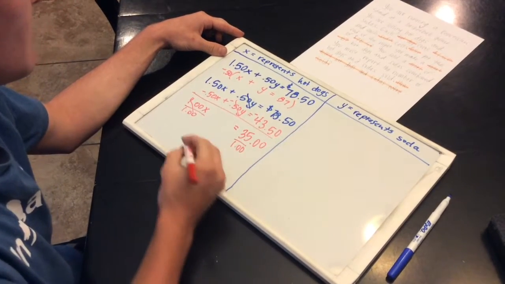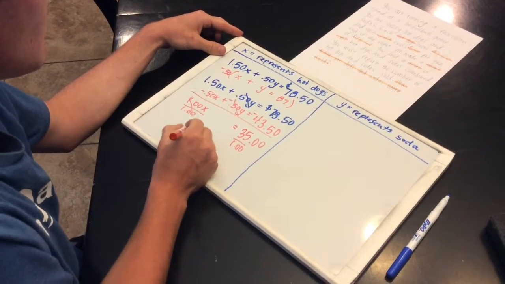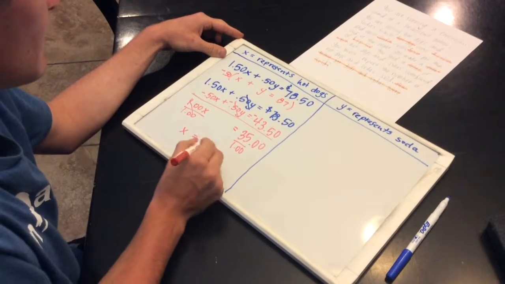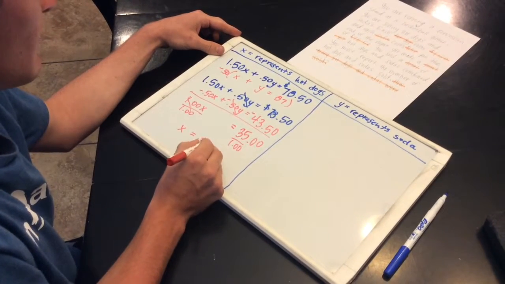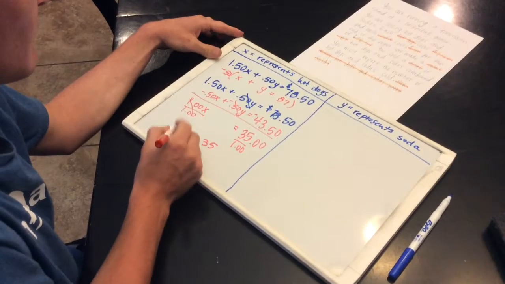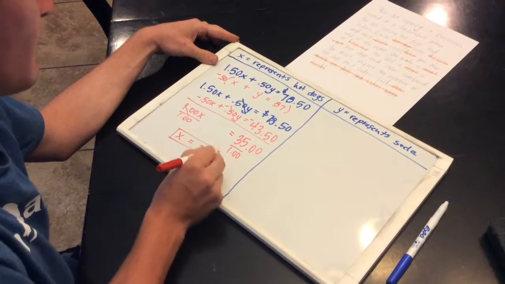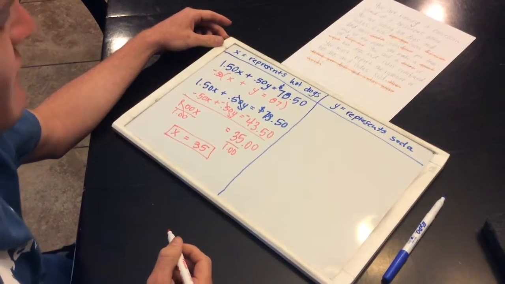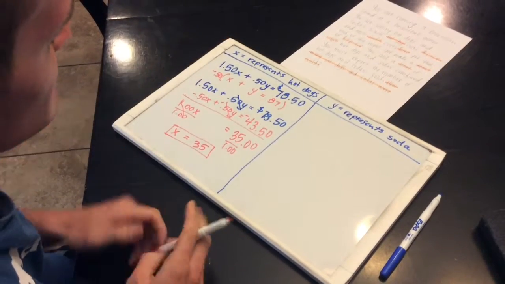That stays the same. Then we should have x equals 35. So we solve for x. Now we need to find what y is.